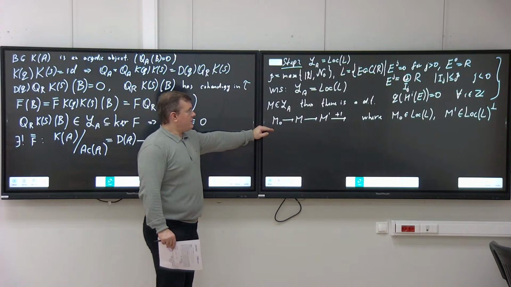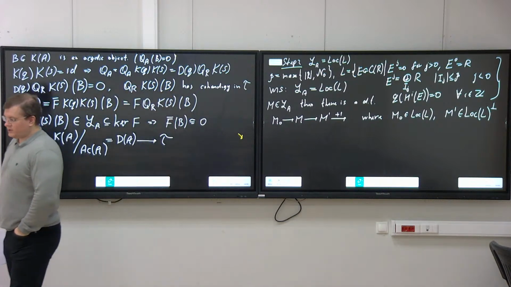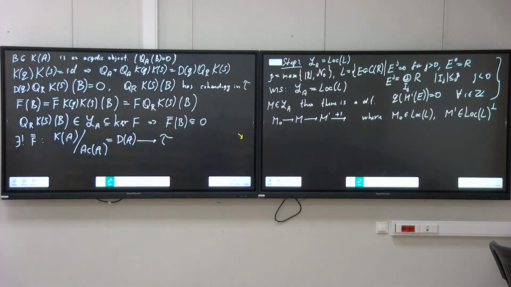So the only problem here is that our subcategory is not generated by an object but by a set of objects. But this is not really a big deal, right? Because whenever a localizing subcategory is generated by a set of objects, you can just take the direct sum of all the objects in the set, right? So it exists since this is a set, right?